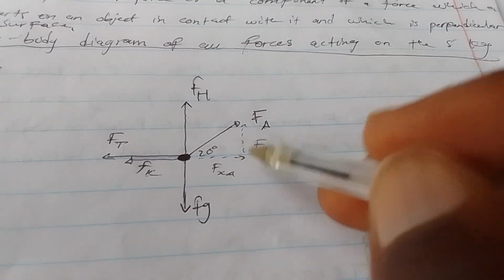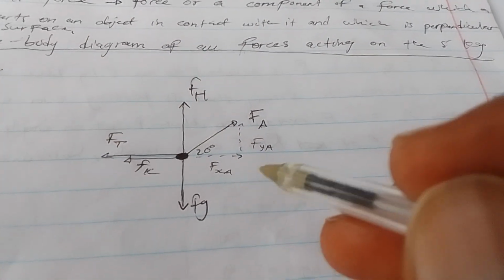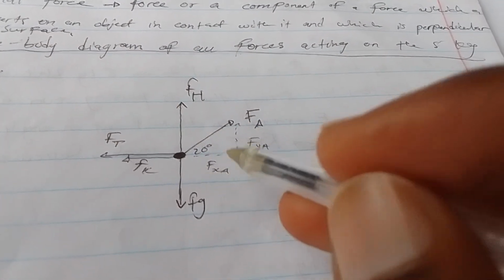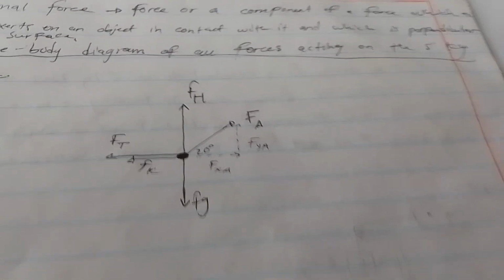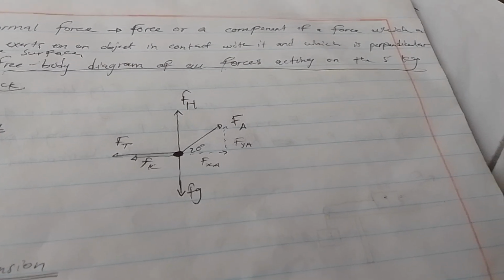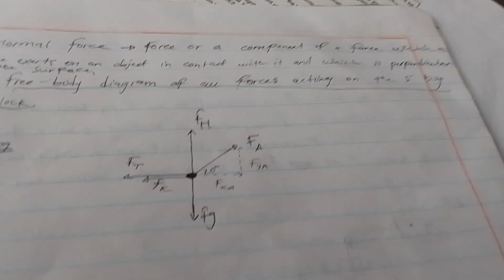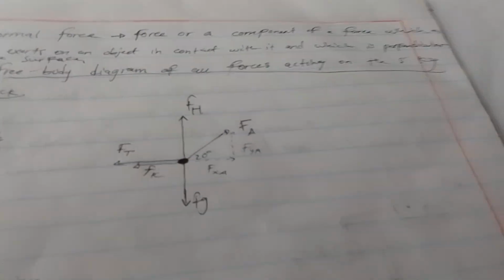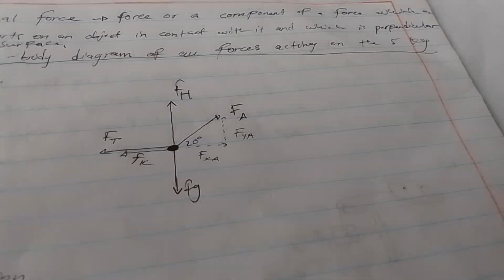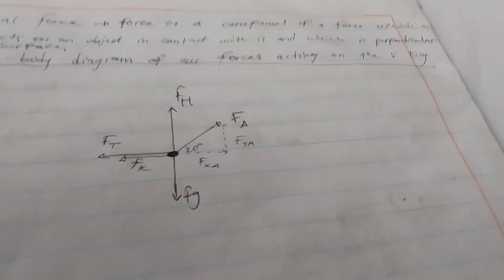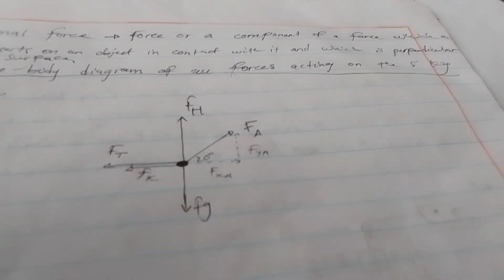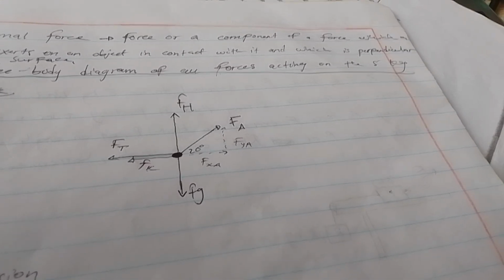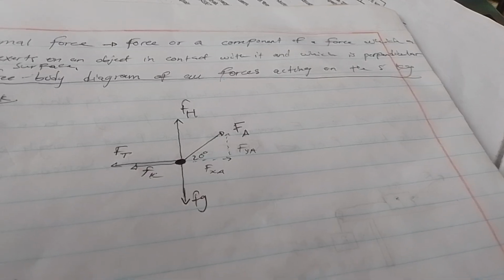These ones with components, you only draw them when you want to deal with the calculations, but they said draw the free body diagram showing all forces acting on our 5 kg block. It means you should look for all the forces without the components.